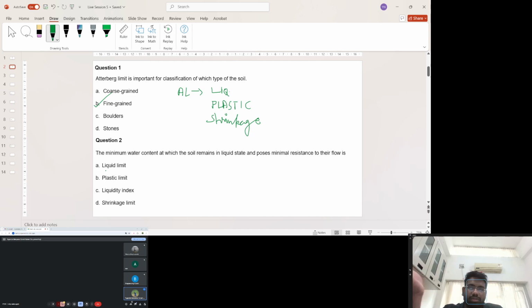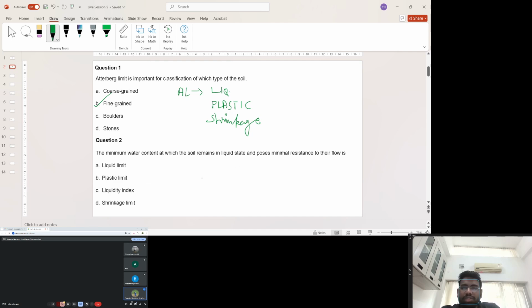The liquidity index is the relative difference between the plastic limit and the liquid limit. And the shrinkage limit is the border at which it exists in a completely saturated system.